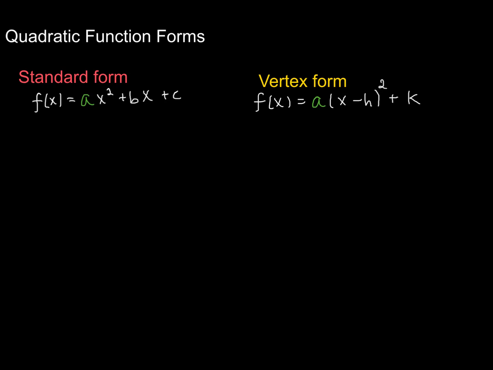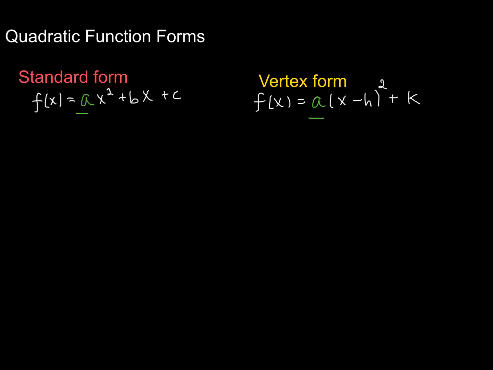And then we have vertex form, which is written as a times (x minus h) squared plus k. You'll notice I wrote this a value in green because this a value is actually the same for standard form and vertex form.